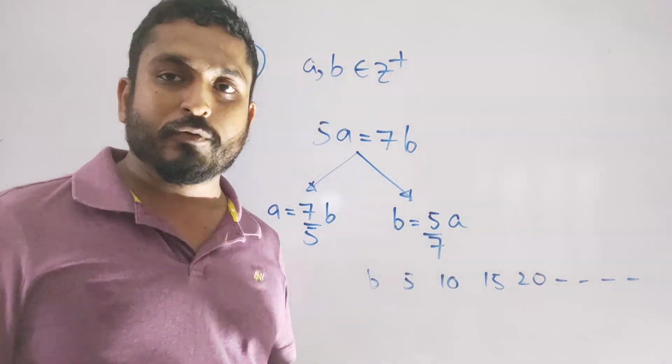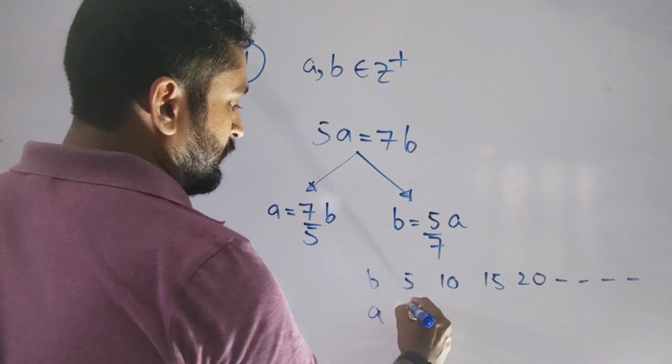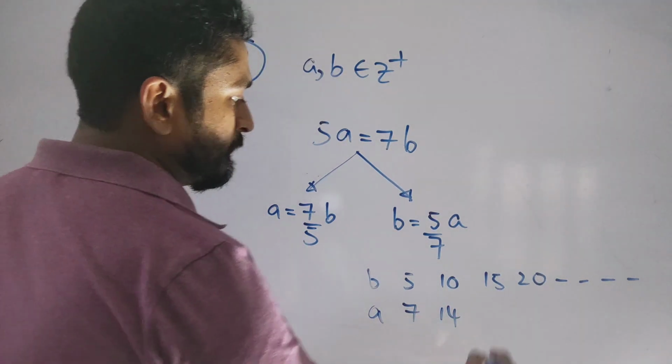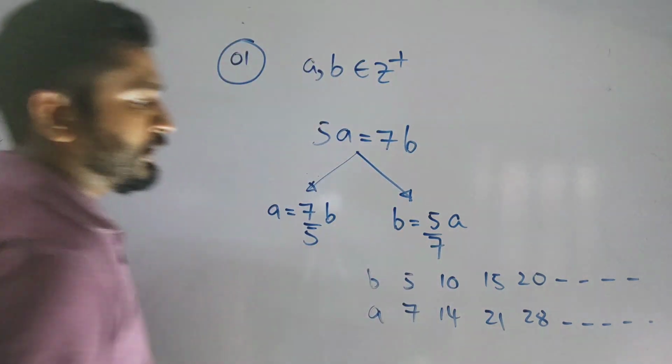So a should be a multiple of 7. So what are the multiples of 7? This is about a. 7, 14, 21, 28, likewise.